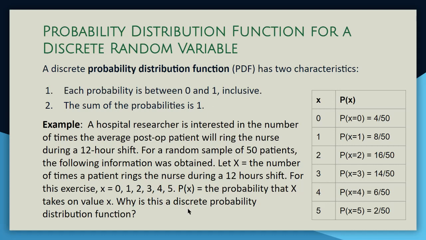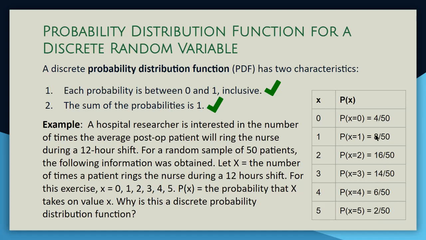So to answer that question, we're checking both requirements. Each probability is between 0 and 1, less than 1, bigger than 0, all the way down. All of these fractions are between 0 and 50 out of 50, which is 1. And then we check they add up to 1. So to check that, we check that the numerators add up to 50.